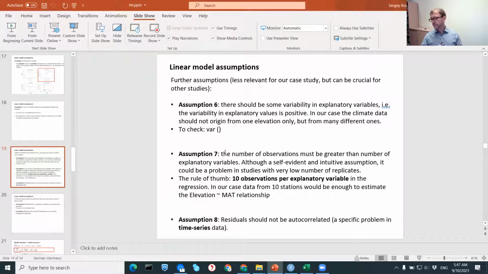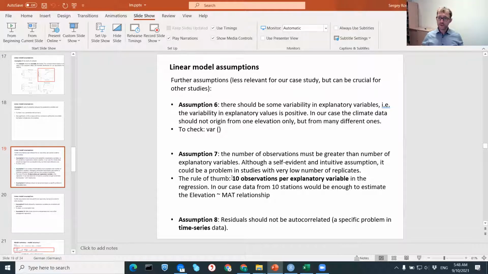We have precipitation, temperature, ozone, so many parameters, but only 10 data points. This assumption may be self-evident and intuitive, but there are still quite many studies where people have a very low number of replicates, and try to explain basically the whole world using only 10 data points.